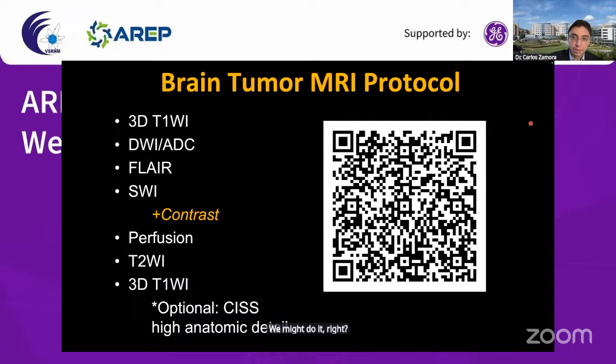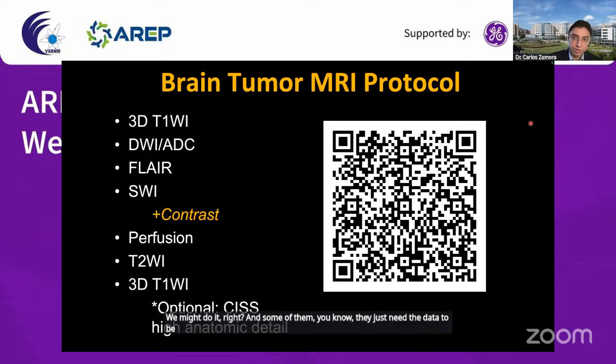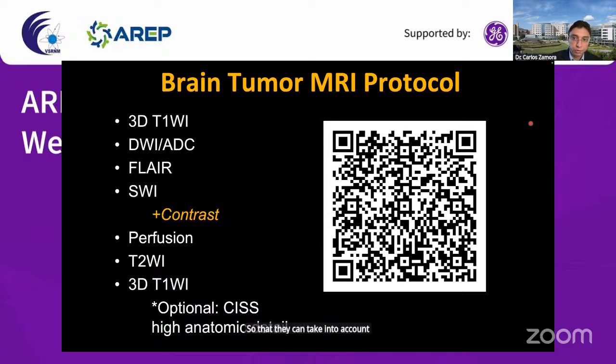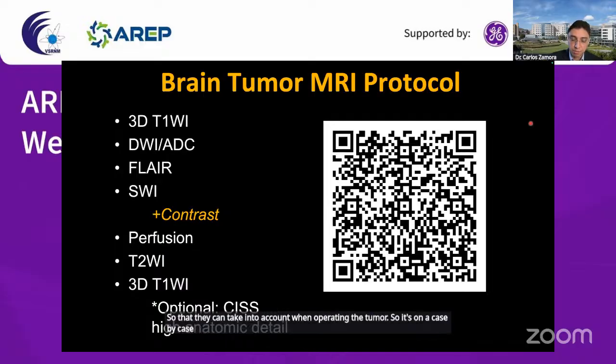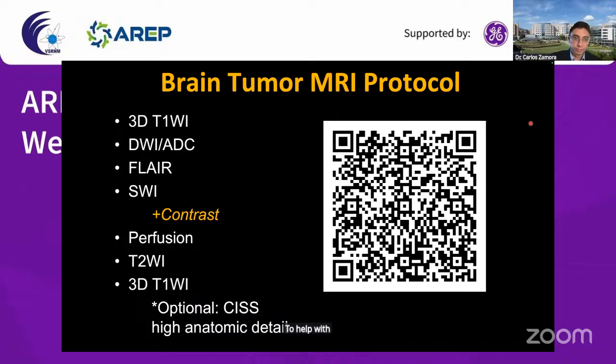And some of them, they just need the data to be introduced into their navigation system so that they can take it into account when operating on the tumor. So it's on a case by case basis as well. But it's to try to determine essentially whether fibers might be infiltrated by the tumor or displaced by the tumor, to help with surgery.